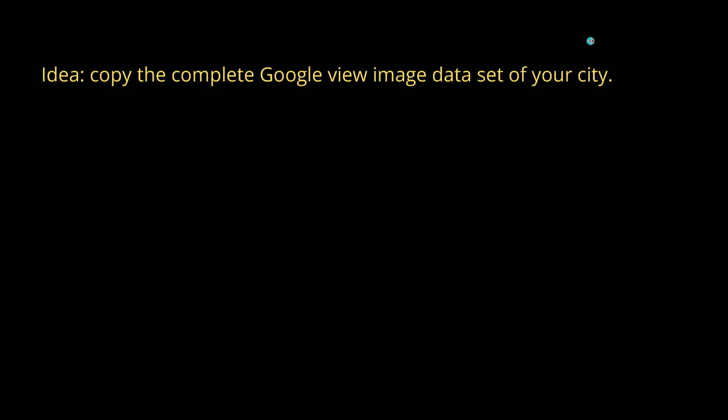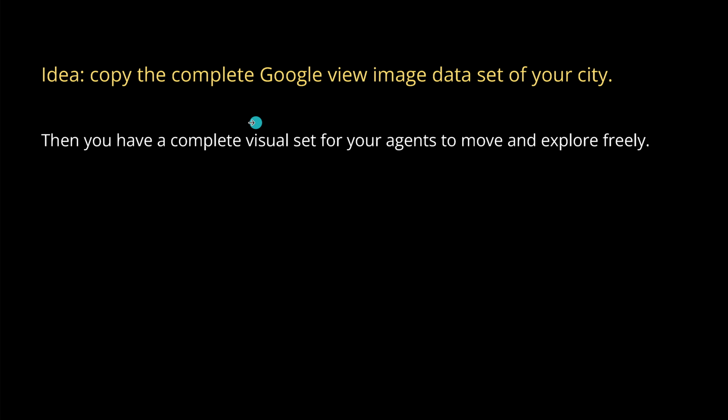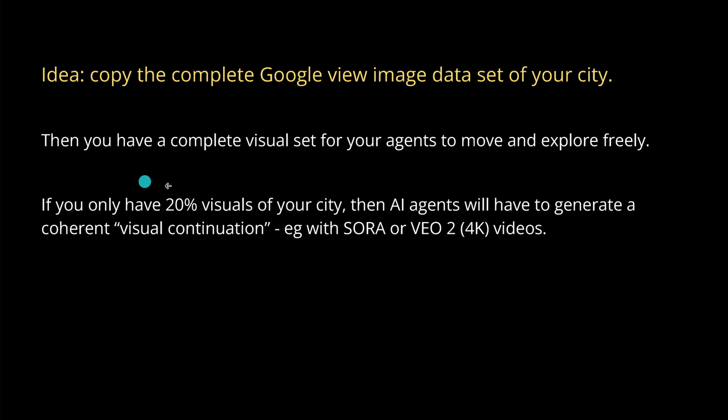But let's make it easy. Let's think, we have an idea that we copy the complete Google view of the streets of your city. You have a little small city and you have, I don't know, on Google available some 1,000 images. And then you have a complete visual set for your agents to move and explore freely. Which is great, but this is no challenge, no? Imagine if you only have 20% visuals of your city.